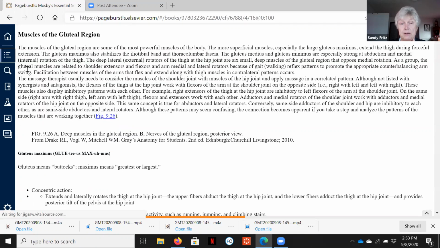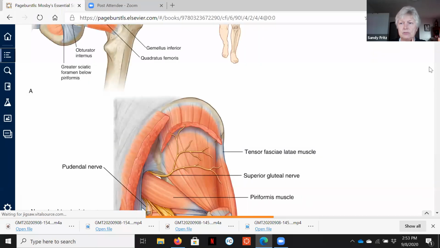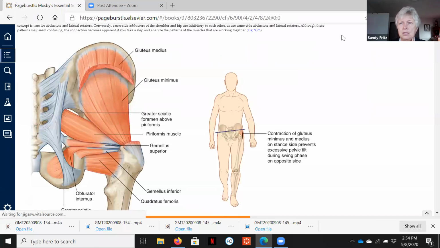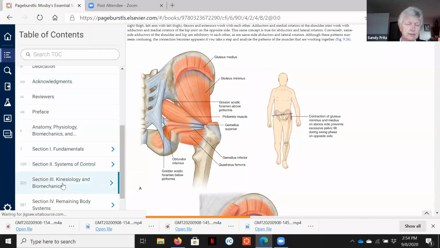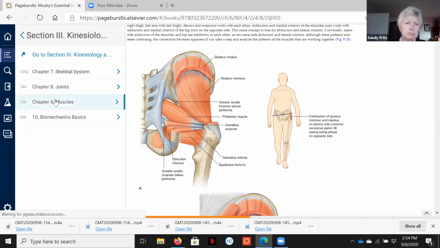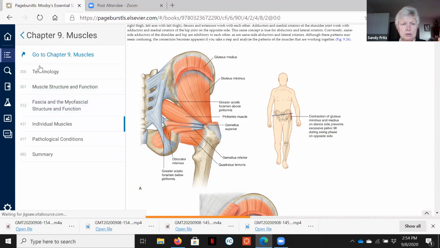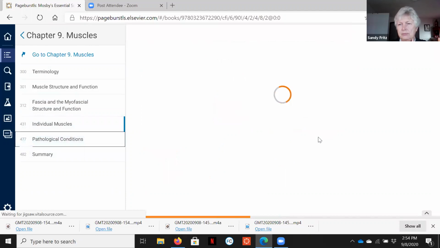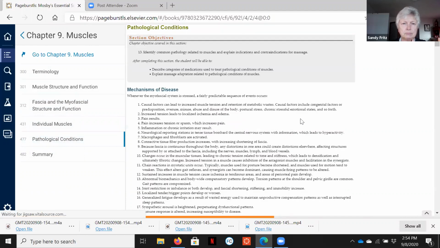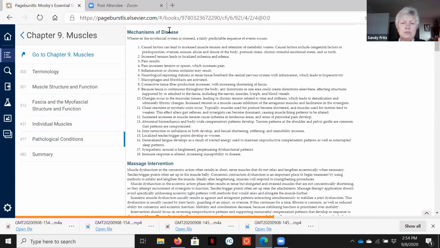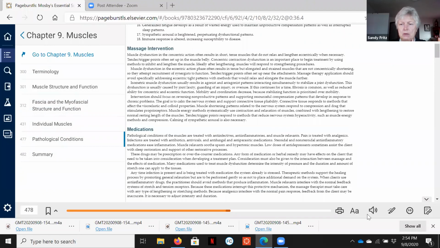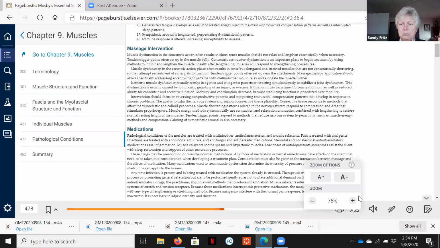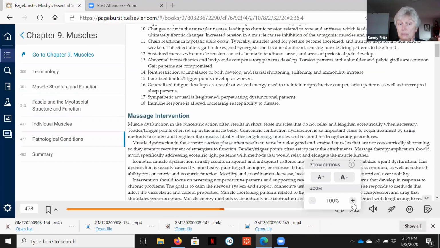Because the last part of the chapter will be the gluteal region. Let me use the index. Kinesiology, biomechanics, chapter 9, muscles. Let's get to the pathology. So this goes through and is going to talk to you about what goes wrong.